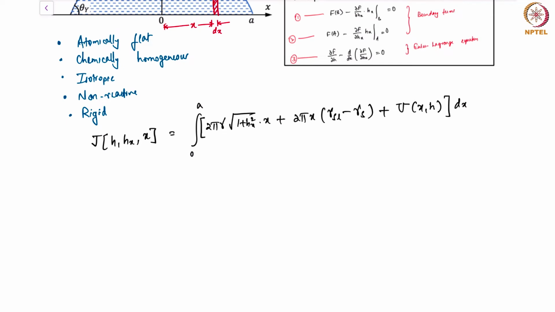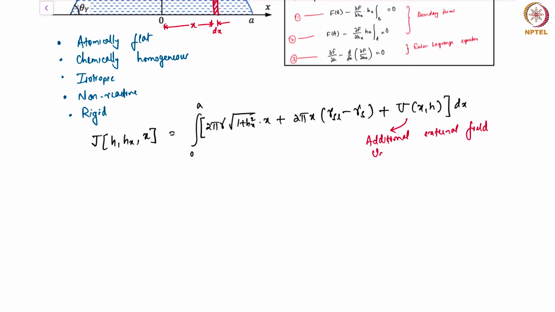This u of x that we are seeing here is because of an interaction with an arbitrary field. This is an additional external field.